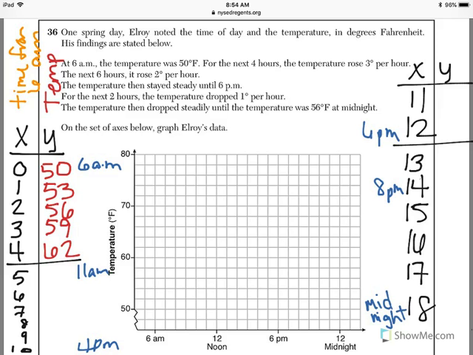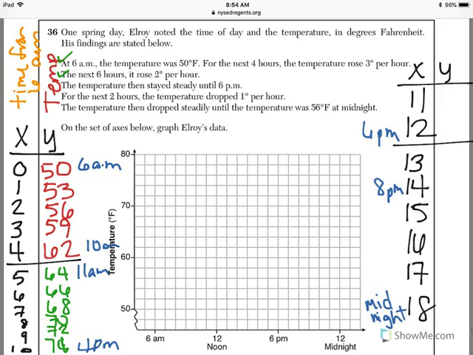And again, that 4 in time means 4 hours from 6 a.m., so now we're at 10 a.m. Then it says the next 6 hours it rose 2 degrees per hour, so starting at 11 a.m., it's going to go up 2 degrees, so that's 64, 66, 68, 70, 72, and by the 10th hour, so by 4 p.m., it's going to be 74. Okay, so that's the first two things checked off.